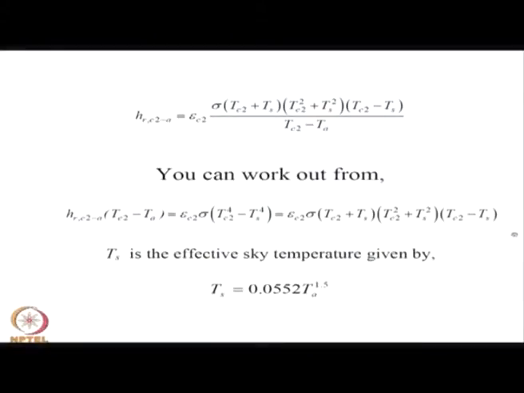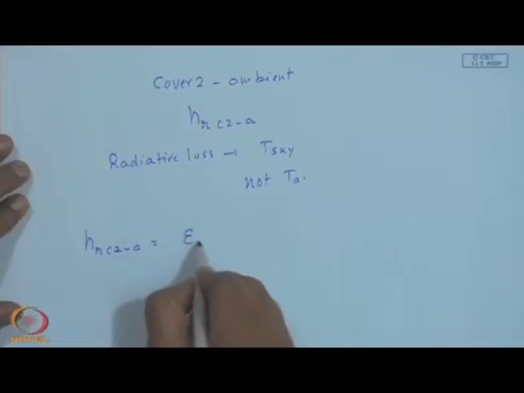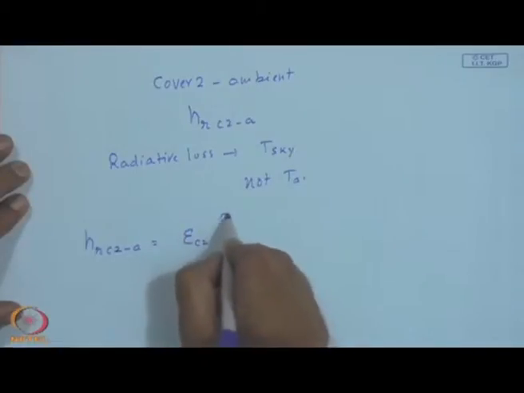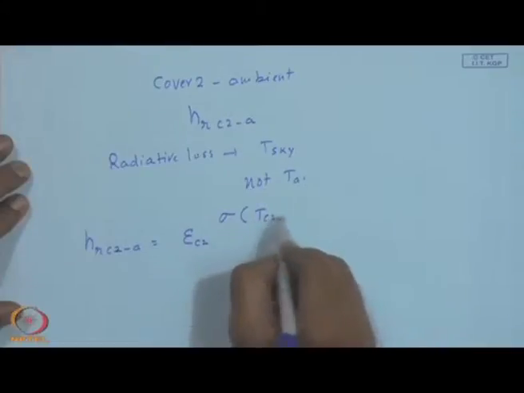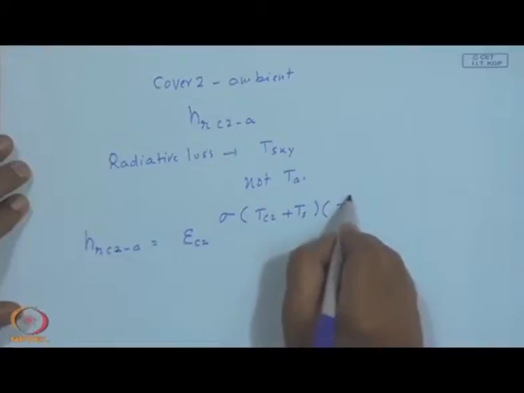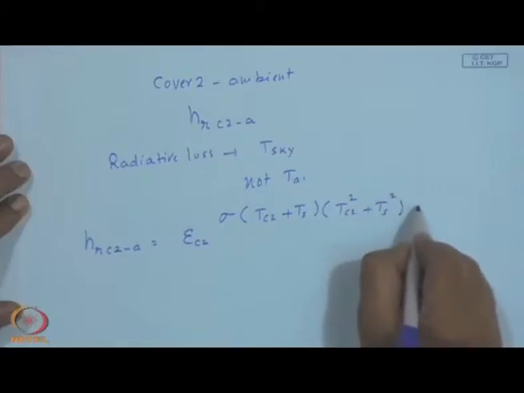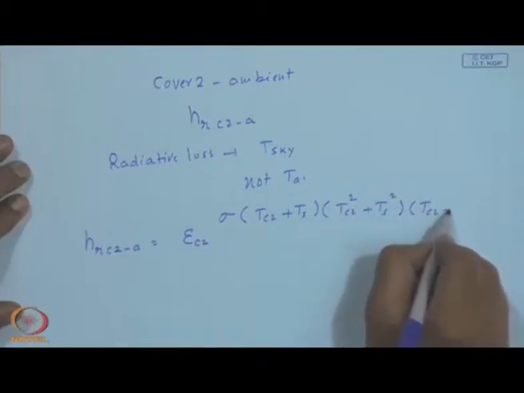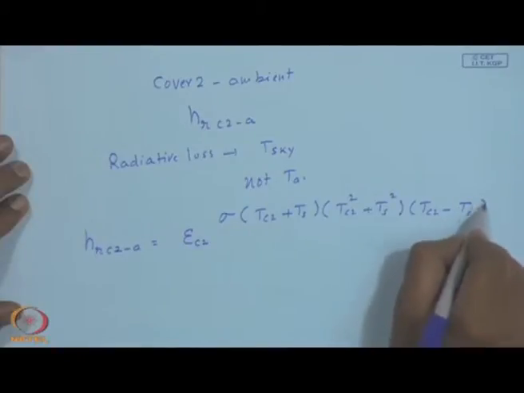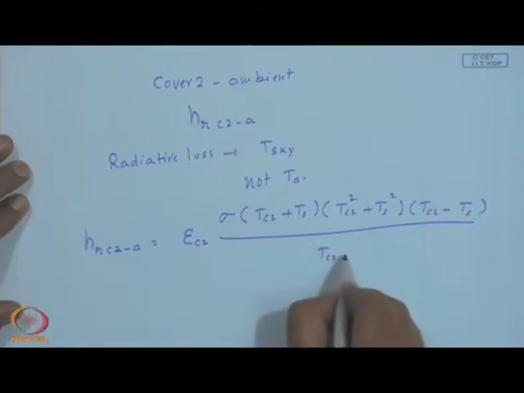So, we can write down H_R C2 A is epsilon C2 times sigma times (T C2 plus T s) times (T C2 square plus T s square) upon T C2 minus T a.